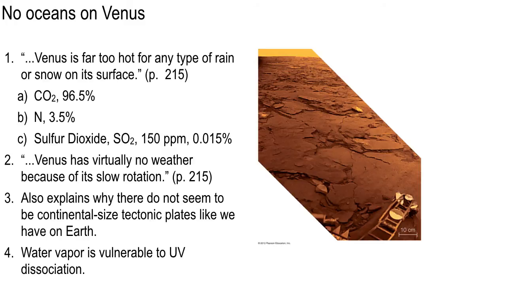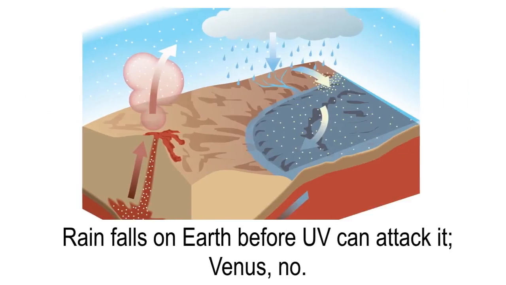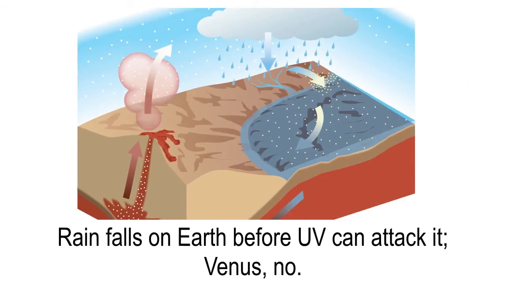If you're up on a peak above a good fraction of the atmosphere where you could catch some rays, those rays would be really, really strong. Very tough ultraviolet. So rain falls on Earth before the ultraviolet can attack the water vapor in the air. On Venus, no way. You do not get it.